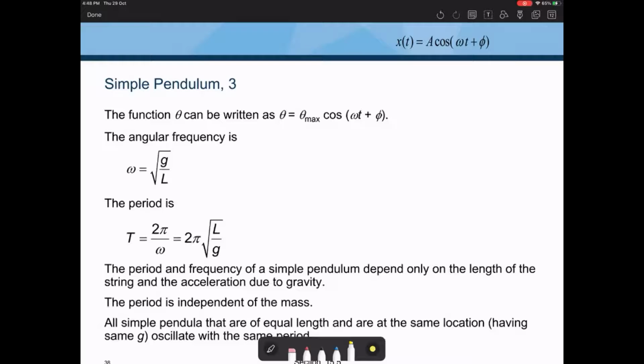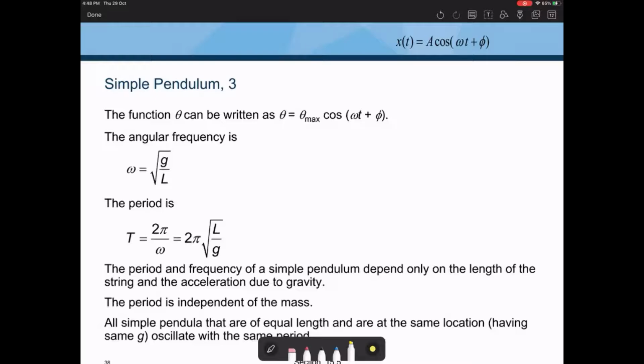In this equation, you see that the period of the oscillation depends only, if you forget that g is variable, assuming that you are on the Earth's surface and g is constant, then the period depends only on the length of your simple pendulum, the length of the string, if you like.